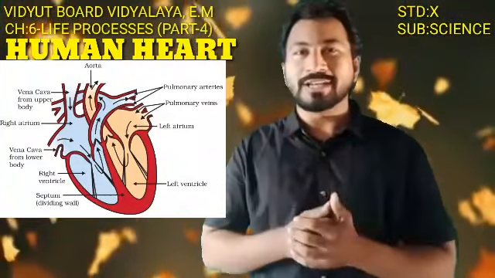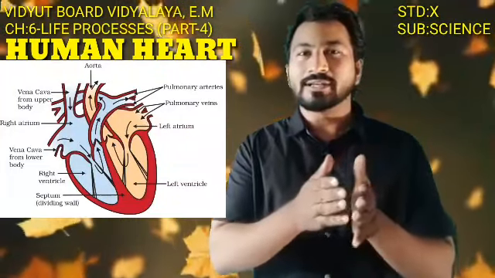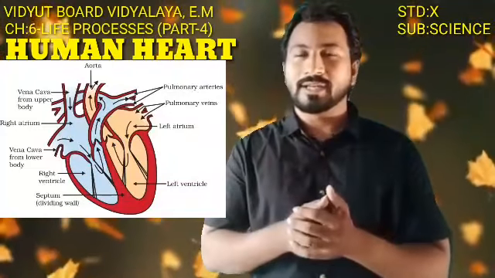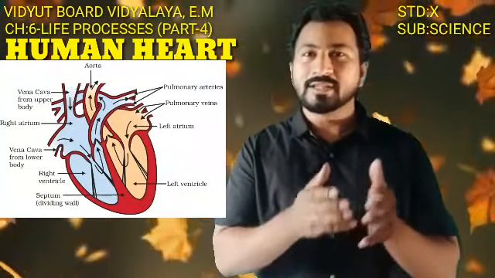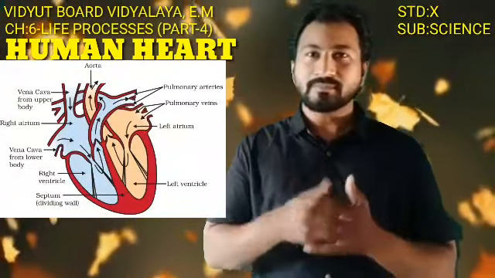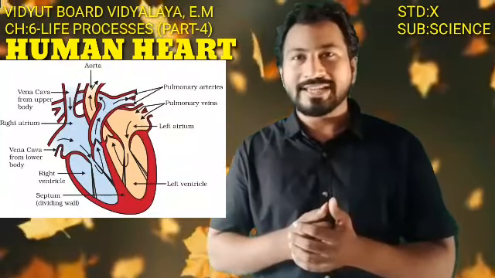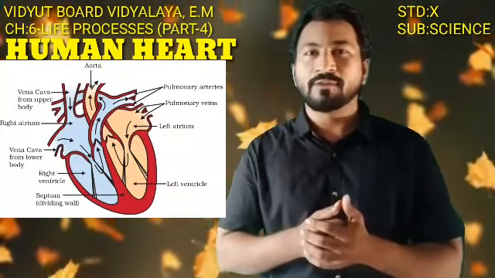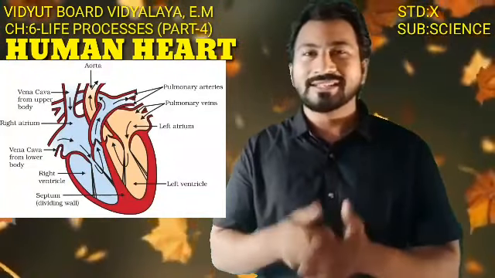In the upper two chambers, one is the right auricle and the other is the left auricle. Likewise, in the ventricles, one is the right ventricle and the other is the left ventricle. All these four chambers are separated by a partition, and that partition is known as the septa.